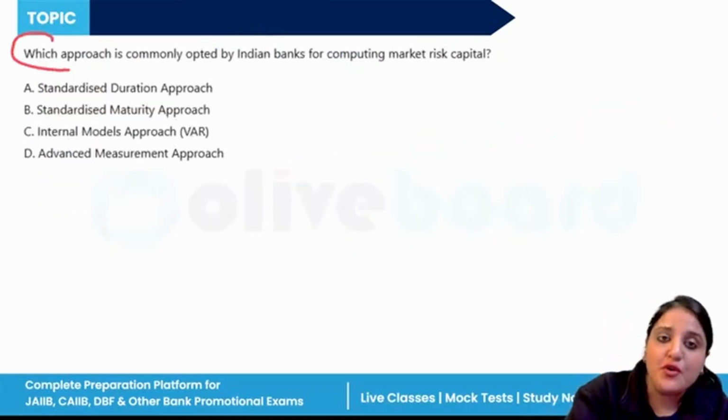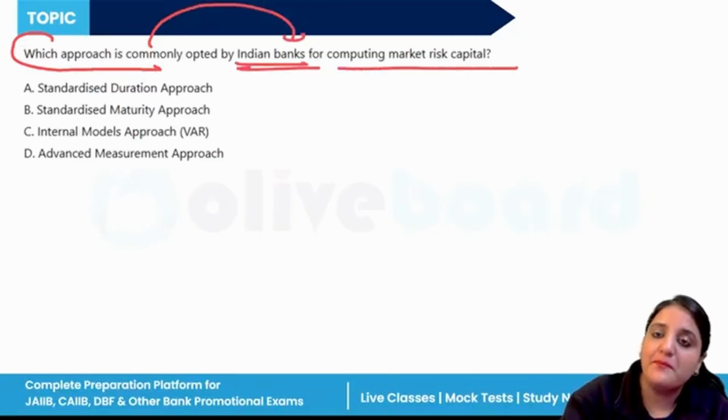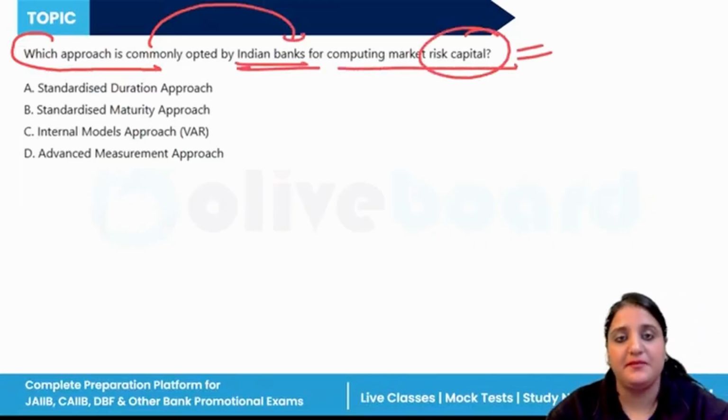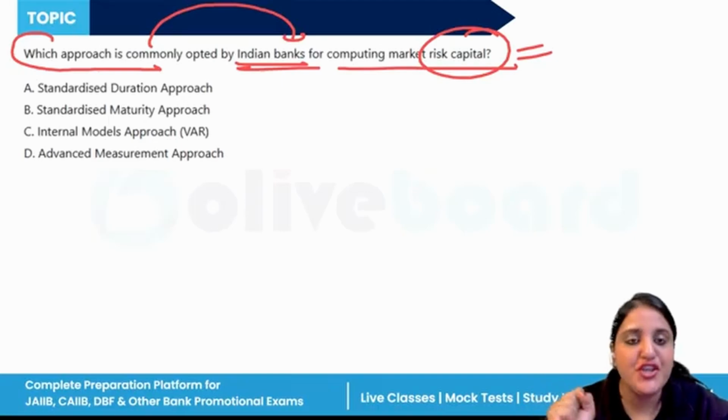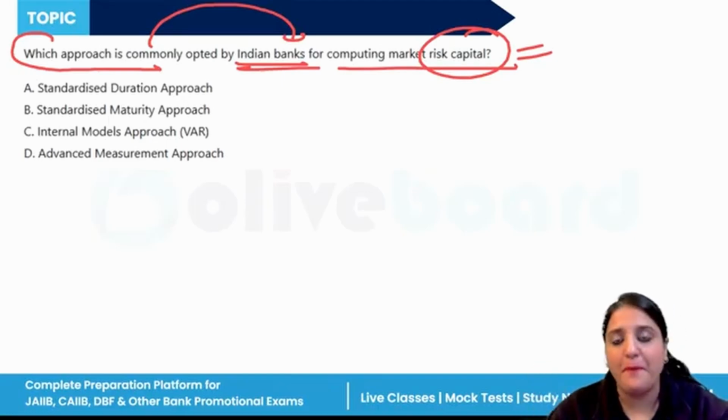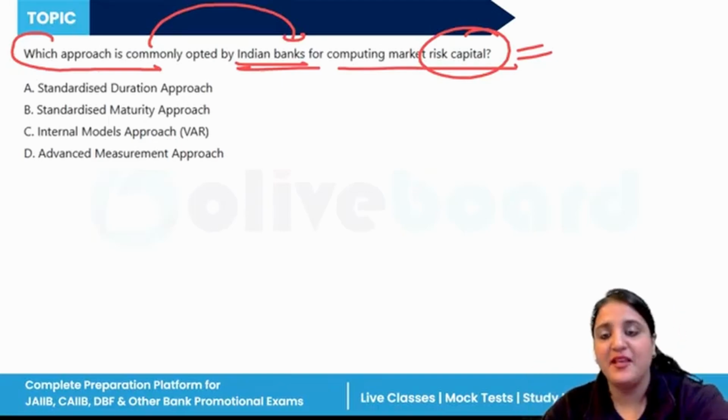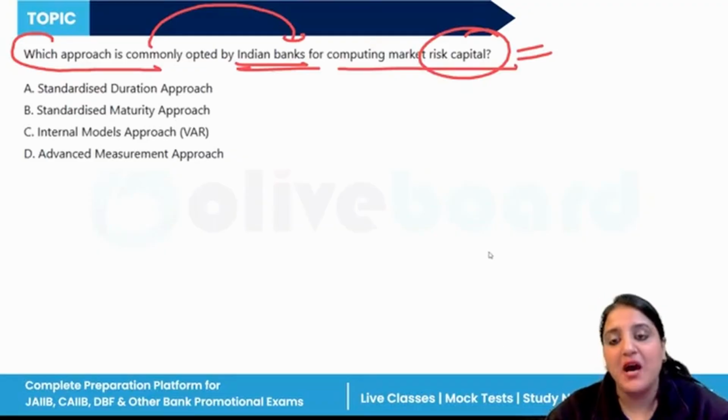Now, which approach is commonly opted by Indian banks for computing market risk capital? Simple.